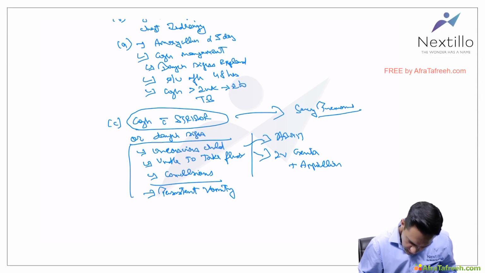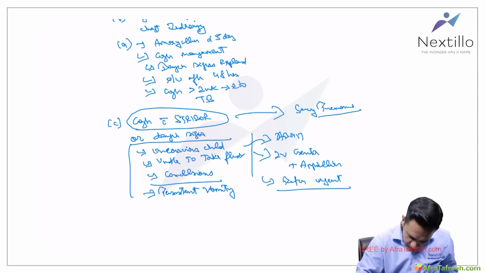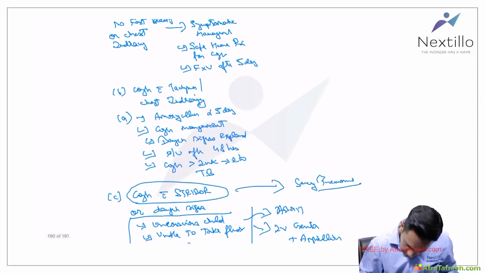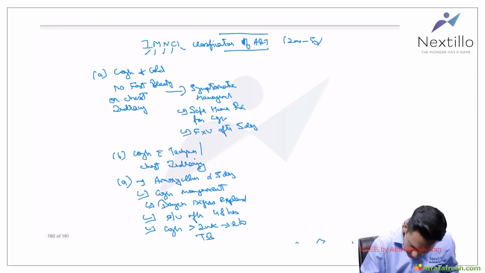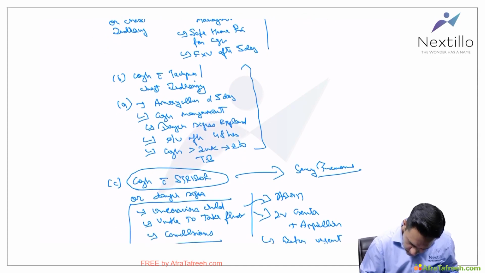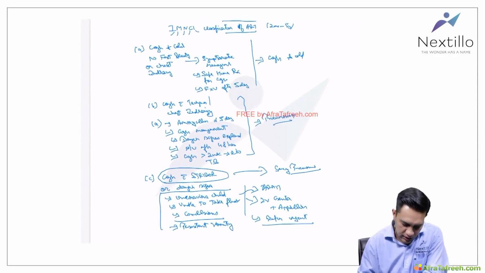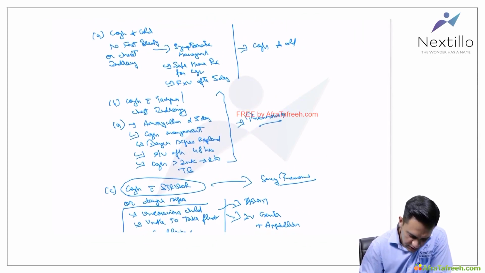IV Genta and ampicillin will be given and refer urgently. We'll have to refer the child, and this category will be cough and cold, and this category will be pneumonia. So this is about the ARI classification for IMNCI.